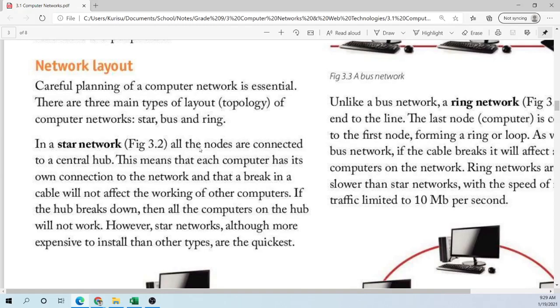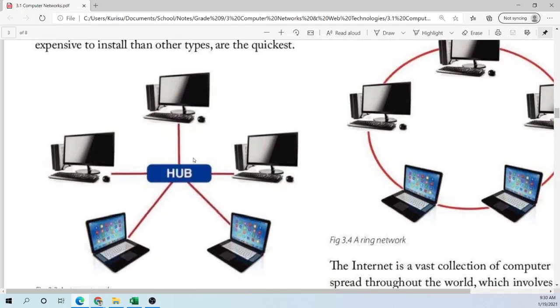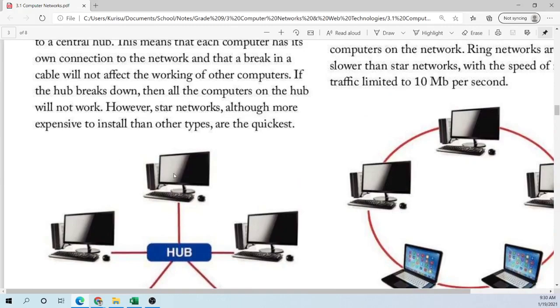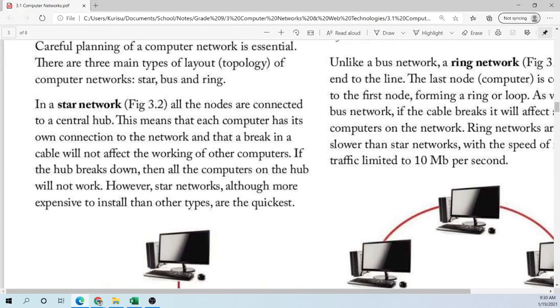So in a star network, all the nodes, so a node is another word for device. So a node is another word for a computer that is connected to the network. So all the nodes are connected to a central hub or a central device. It could be a switch, could be a router. Once there is a central device and they're all connected to that central device, it is considered a star network. Now this means that each computer has its own connection to the network.